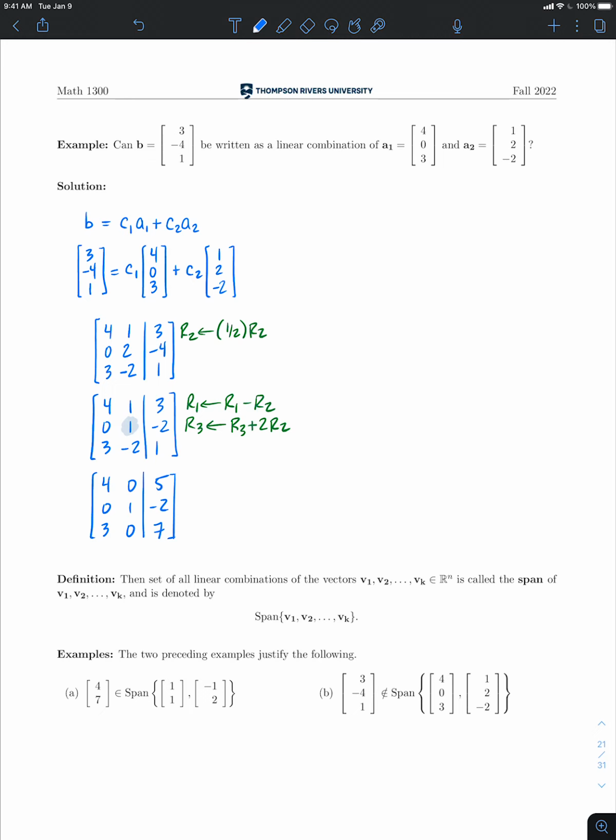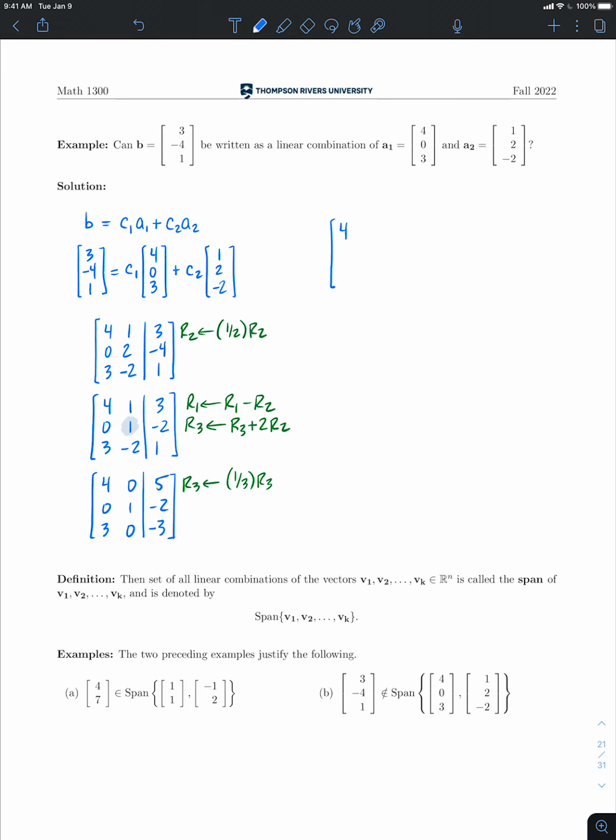Okay, and then, no, something seems, yeah, I did it again. This shouldn't be 7. How did I get 7? Anyways, that should be -3. I think I was adding the 3 twice instead of the -2. Okay, so anyways, now I'm going to take row 3 and replace it with 1/3 row 3, and that's going to give me this.